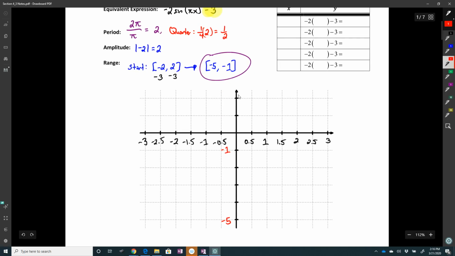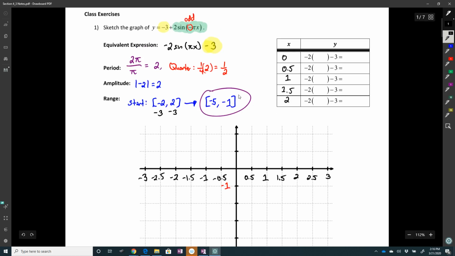And let me zoom out a bit. All right, so here my x values are going to be, again, each quarter, each tick mark. So 0, 0.5, 1, 1.5, and 2. That's one period. And remember that this is a sine wave.